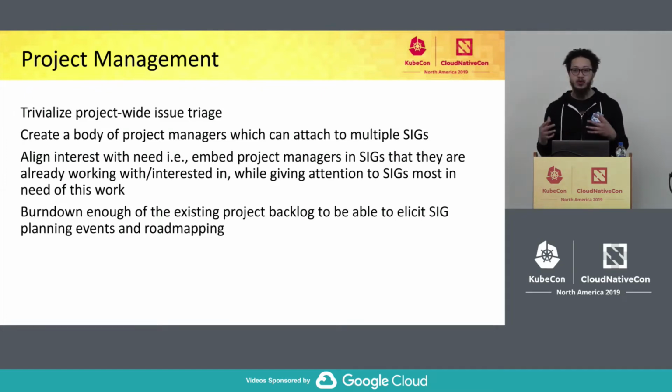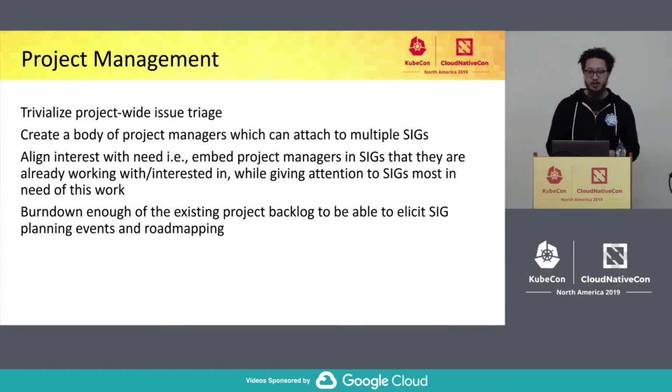We also want to leverage the talents of the people that are in the room, the people that are generally interested in project and program management, product management, to actually get a body of project managers who want to work on this kind of stuff, right? The same way that I try to run sprintish things within my SIGs, and the same way we would act internally, we want to try to act for an open source community, right?